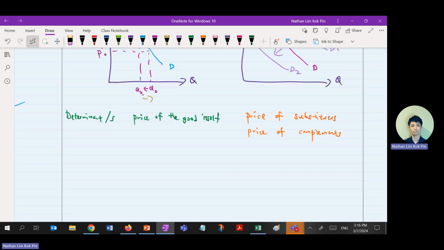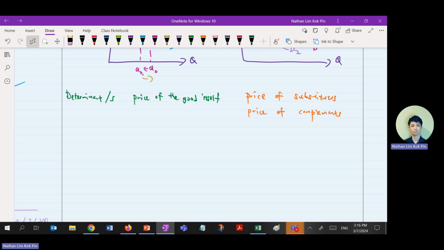Other than the price of substitutes and complements, we also talk about income. Income, we use Y to represent in micro, in macro we use capital Y, right? Income shows three different types of relationships to three different types of goods, right?